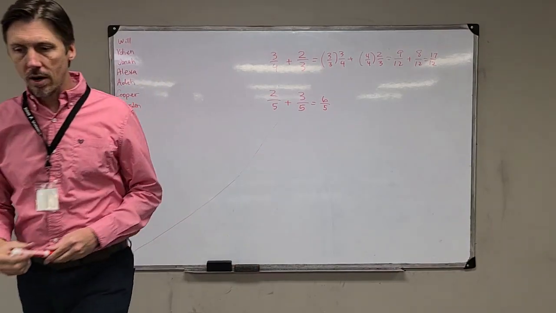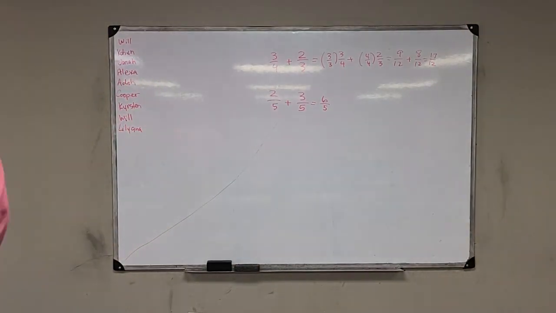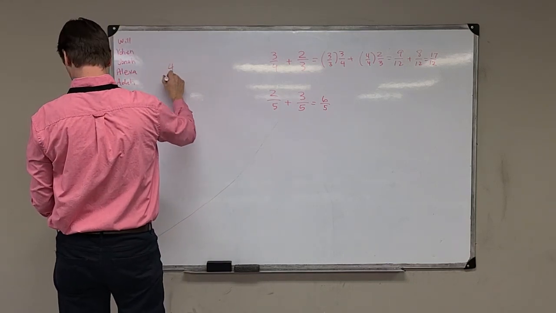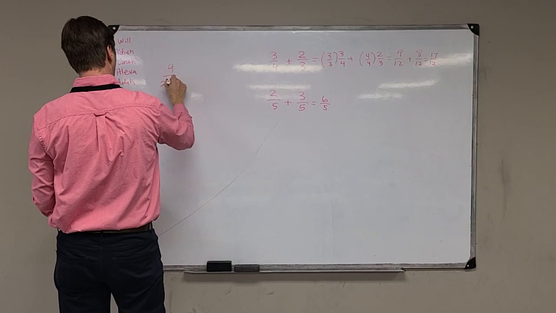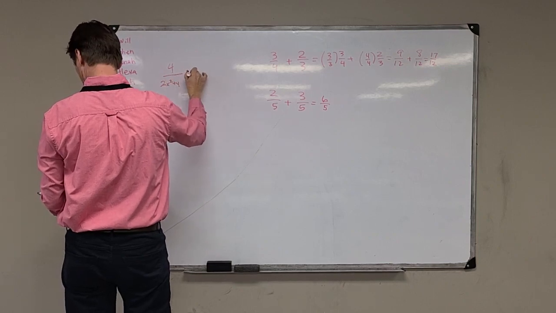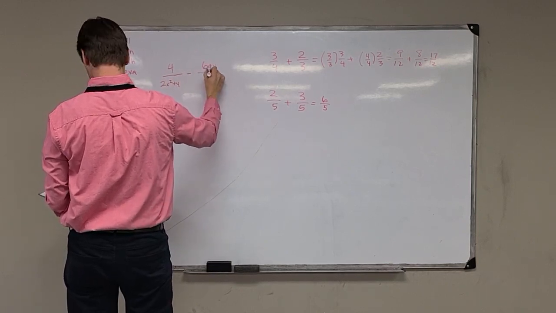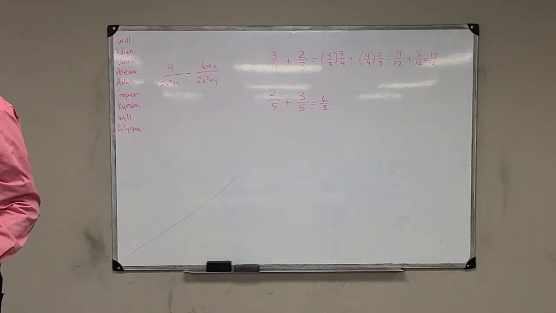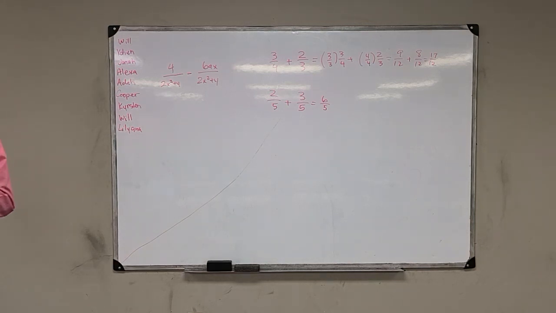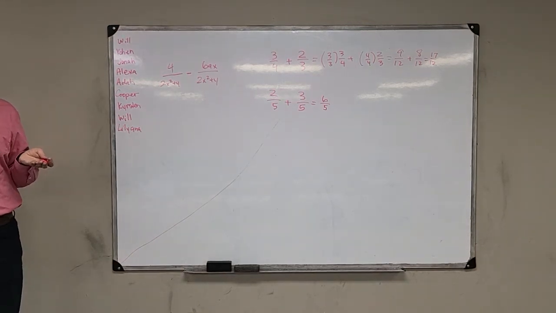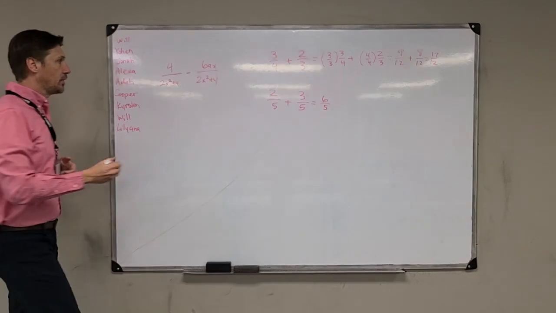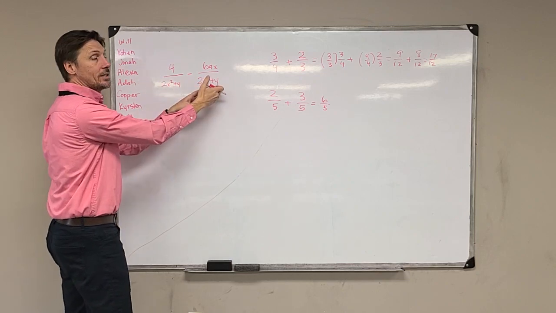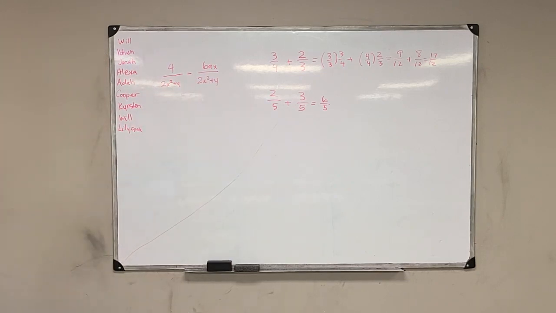So if we have 4 over 2x squared plus y minus 6ax over 2x squared plus y, those have the same denominator, so we can add them together, even though it has variables in it.